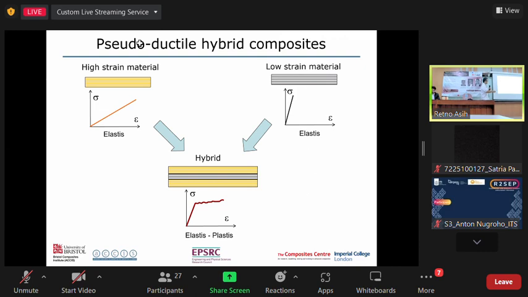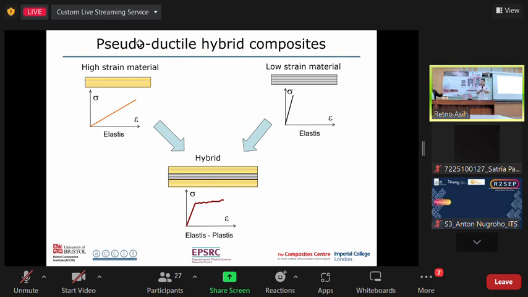This fracture toughness comes from the epoxy material. So basically, all of this is the epoxy material. But if we are talking about the fibers, the stiffness ratio or the strain ratio between the high strain and low strain, and also the thickness ratio, needs to be tuned based on this damage mode map to have this pseudo behavior. So yeah, maybe you would like to add.